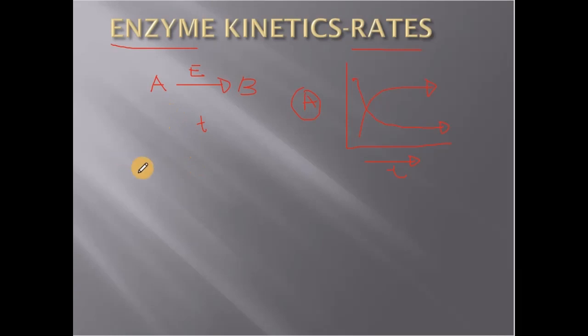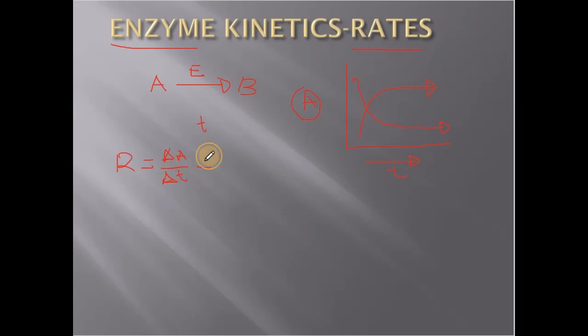So in a mathematical expression, the rate of a reaction from this curve is given by the change in the concentration of A over the change in time. So this is a mathematical expression for the rate.